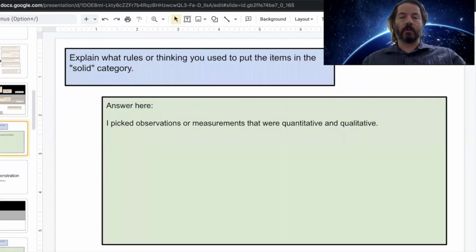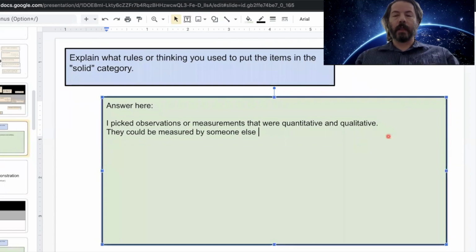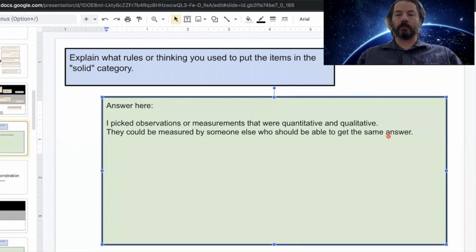So I picked observations or measurements that were quantitative and qualitative. They could be measured by someone else who should be able to get the same answer. Okay.